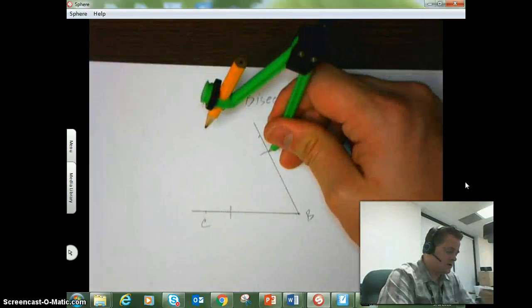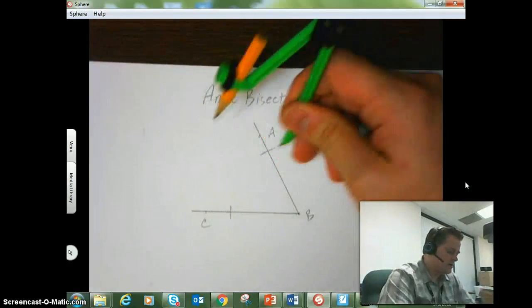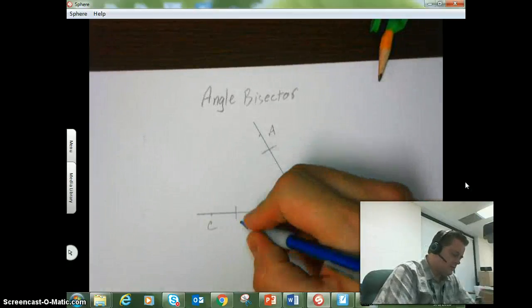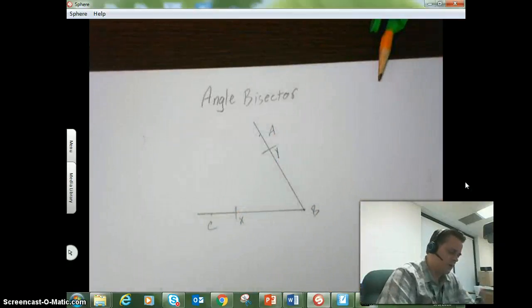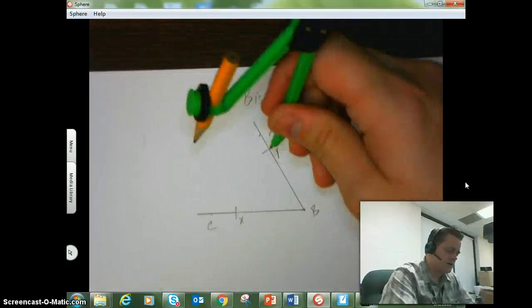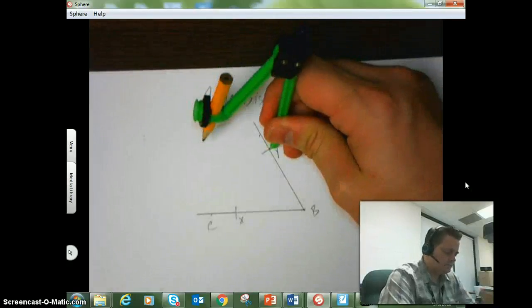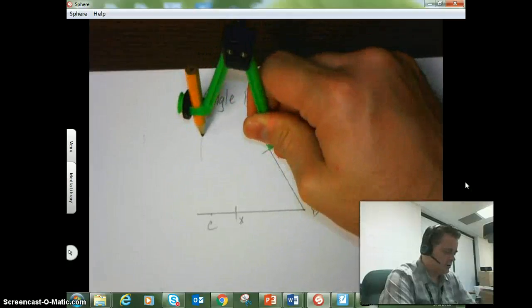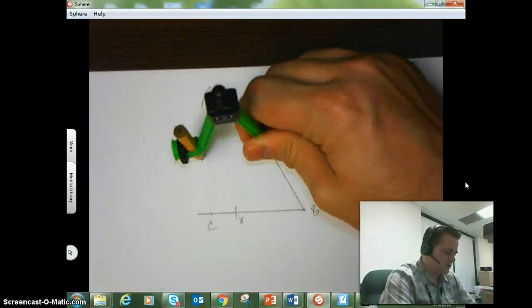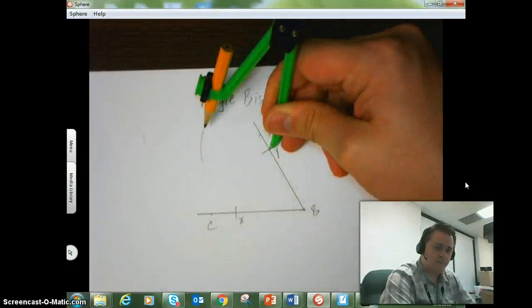The reason it's so simple and so fast is because, let's go ahead and label these points. I'll call this point X, and I'll call this point Y, where the arc and the rays intersect. From point Y, I'm going to draw an arc somewhere in the interior region of the angle.